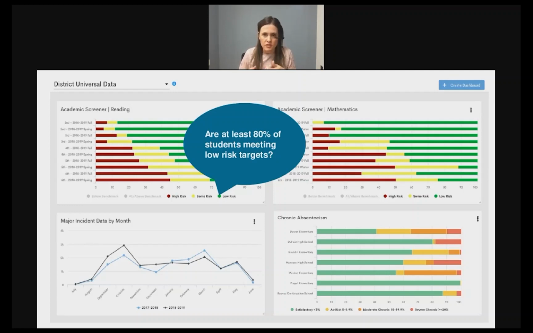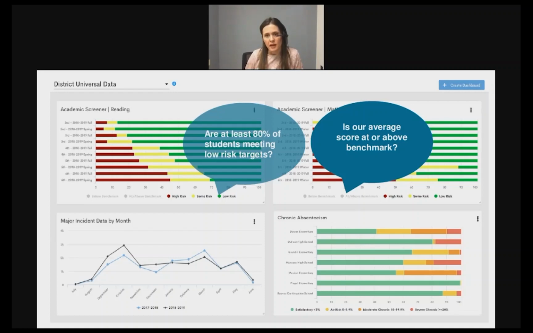So most of the screeners that are out there have these risk levels already identified. And in this case, we're just showing you that low risk is going to be something that we'd say is the color green. And so if we see that less than 80% of our students have scores in the green range, we should be thinking about what can we do for all students.